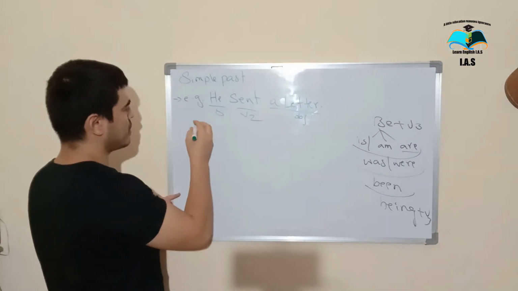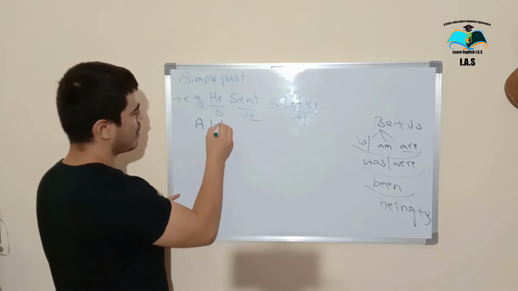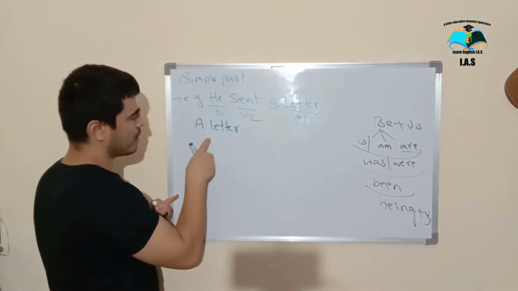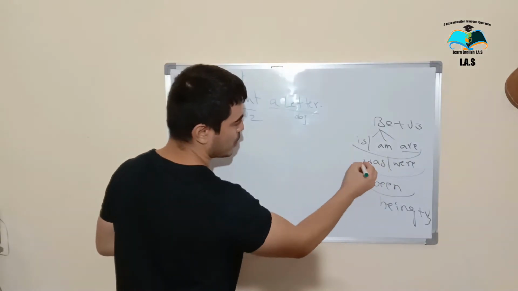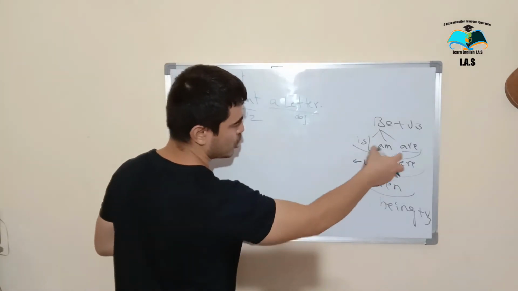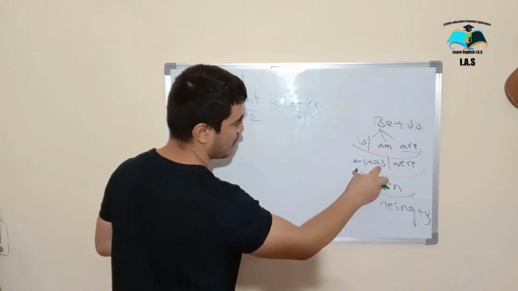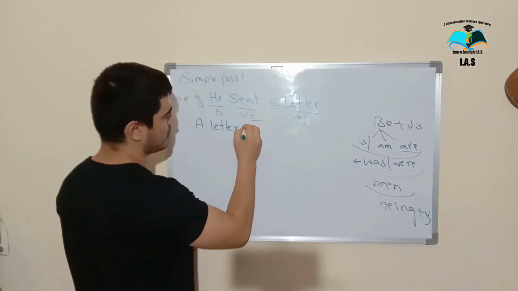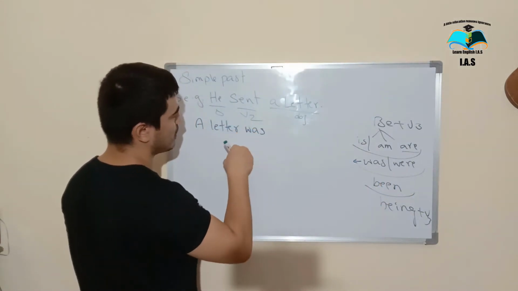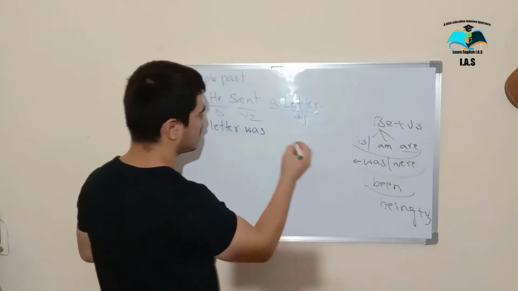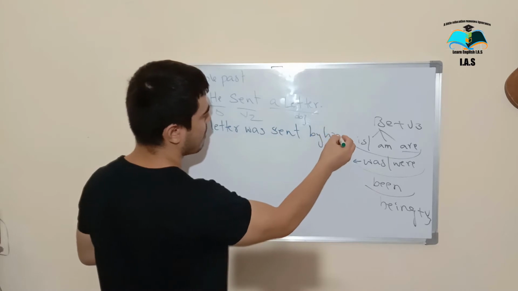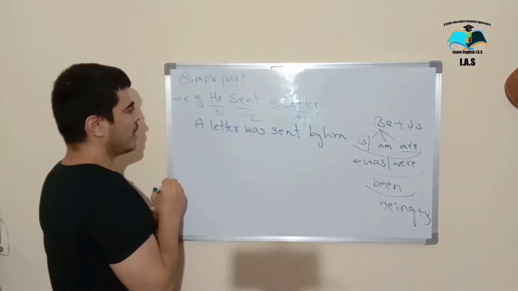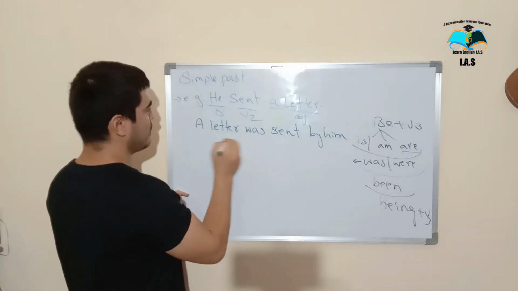This comes first, a letter, because this is the singular subject, I have to use a to be. Because we are going to talk about simple past tense, so this to be is changed to the past form. Letter was, then we are using verb 3, sent, by him. Okay?